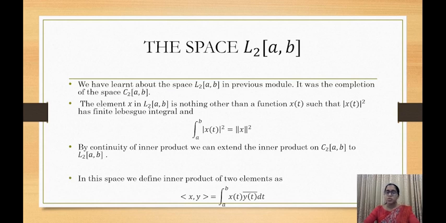If we have two elements x and y of L2 of [a,b], the inner product of x and y is equal to the integral from a to b of x(t) times the conjugate of y(t) dt. This is how we define the inner product in L2 of [a,b]. It is a very important Hilbert space. This is the inner product which is defined in the space L2 of [a,b].